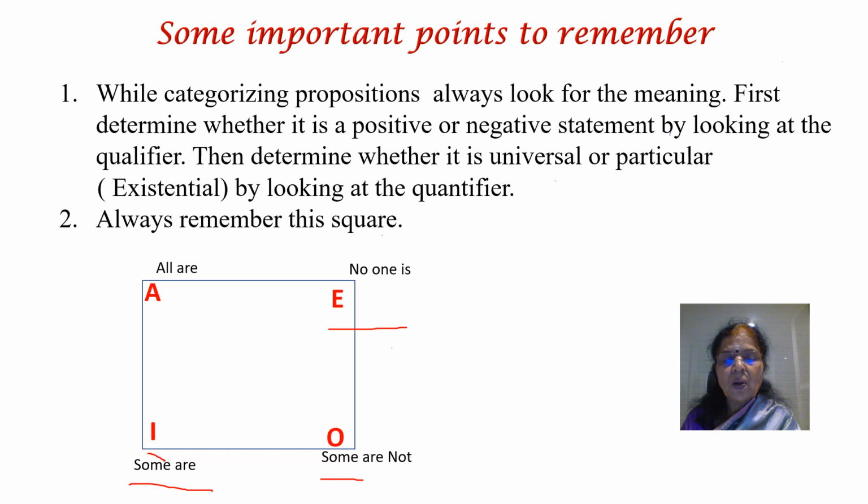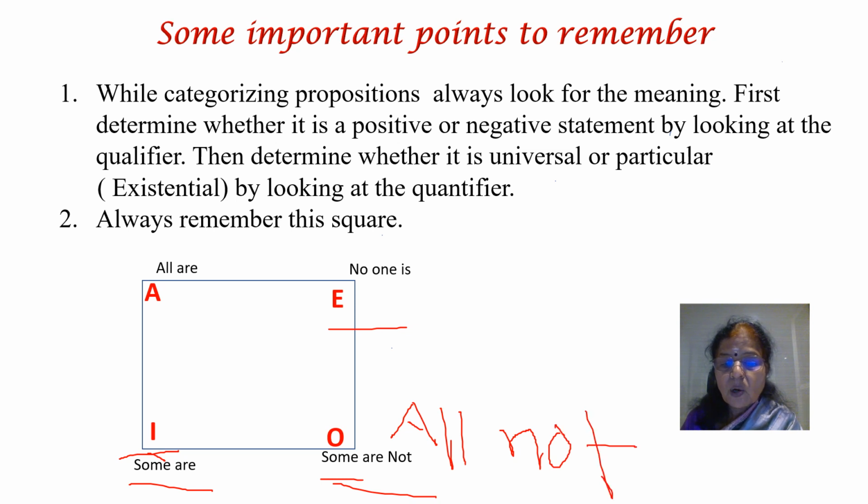And here you write all are, no one is in E, some are I type and some are not O type, and all not is also O type. Remember this, all not is also O type, some are not. Remember this proverb, all that glitters is not gold. That means some glitterings are gold, some glitterings are fake. So all not means some not. So you should take the meaning.